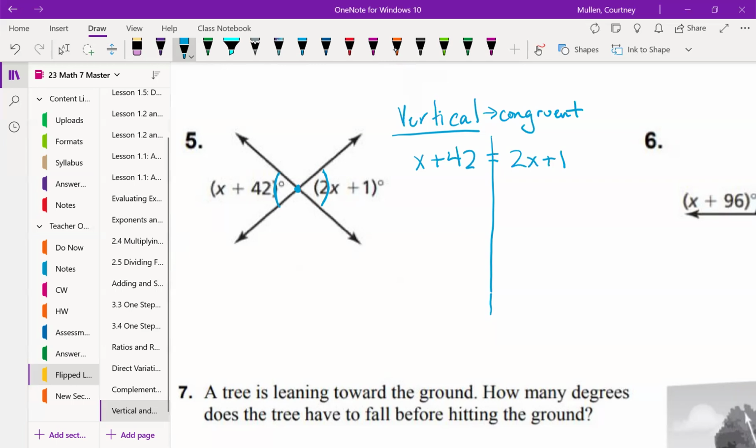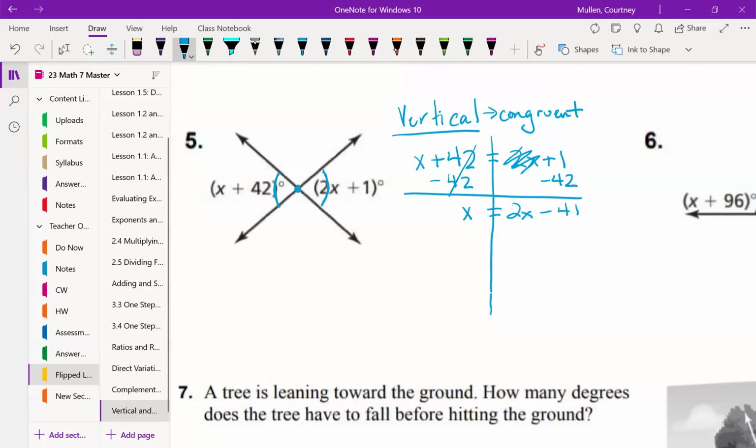Pretend that this 2x wasn't here. What would you do? You would subtract 42. So if we subtract 42 from both sides, we have x. Our 2x is really there, so it will come down. And 1 minus 42 is negative 41.